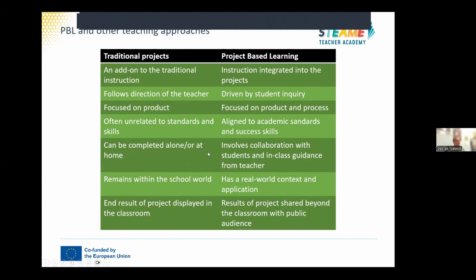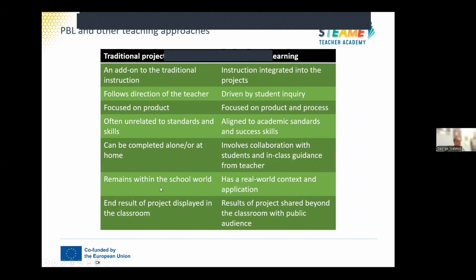A project can be done by one student alone, in the class or at home, while project-based learning necessarily has a group working on the project.